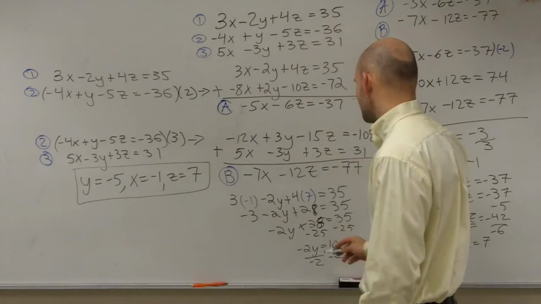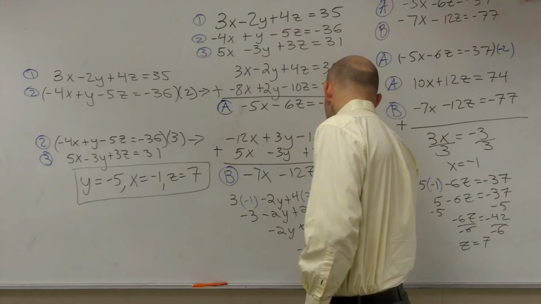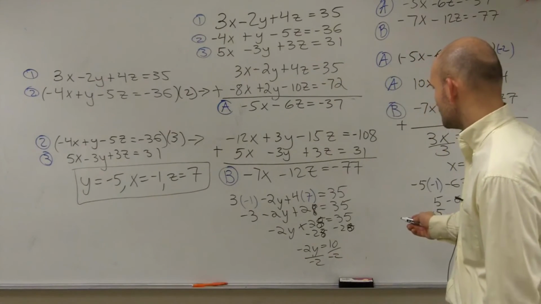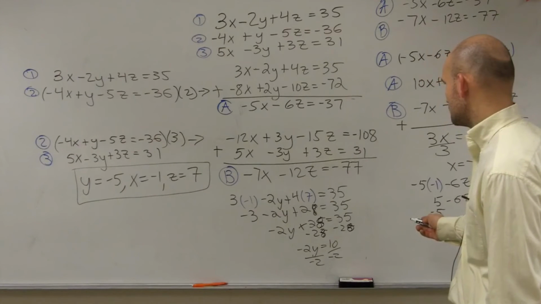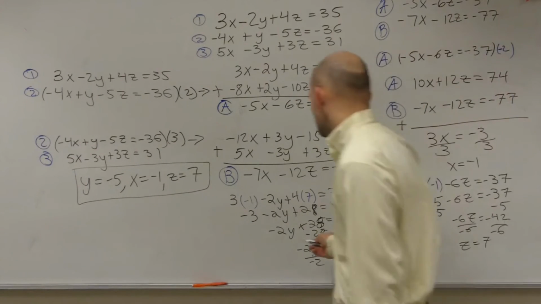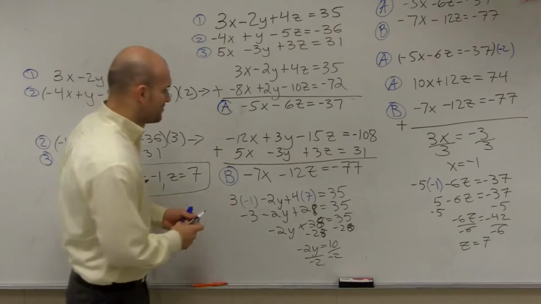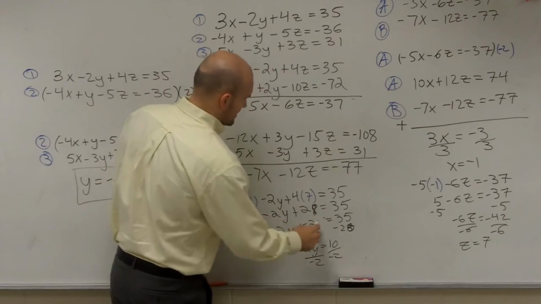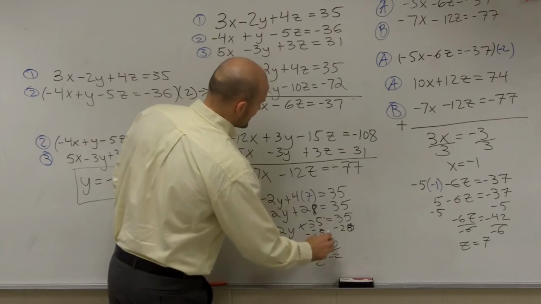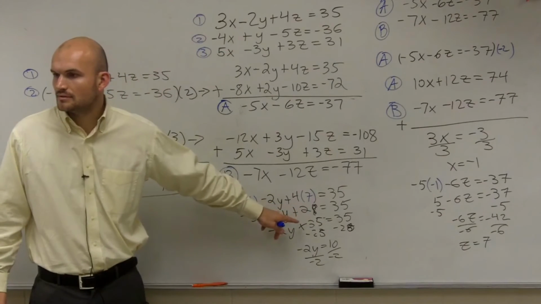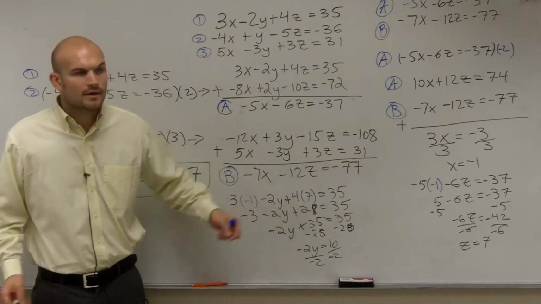I think I rewrote it. Oh yeah, I combined those 2 terms. You're right. Do you see where I got the 25? I did negative 3 plus 28. I combined my like terms.